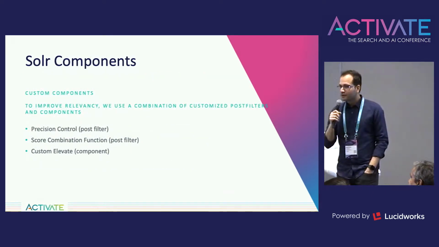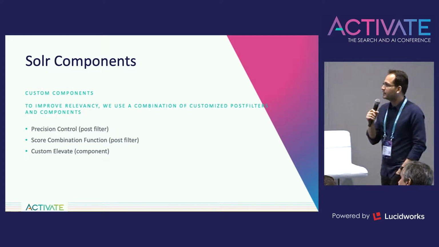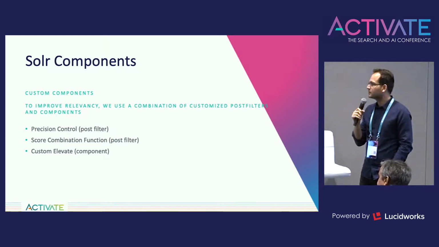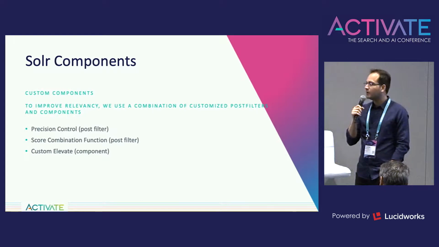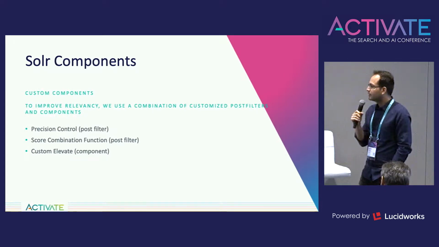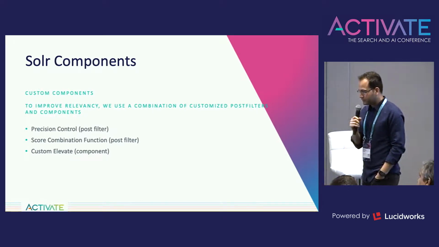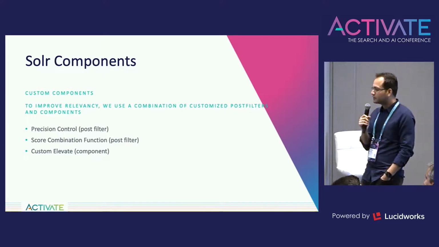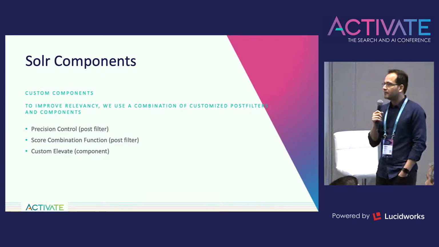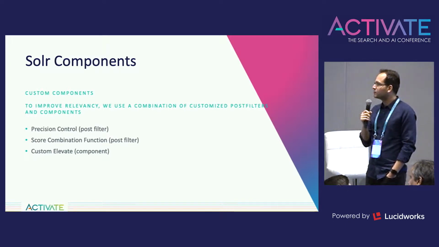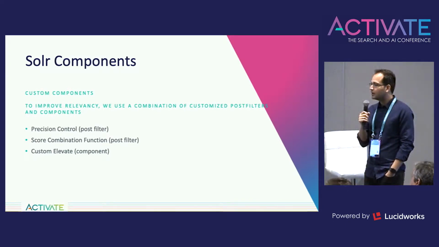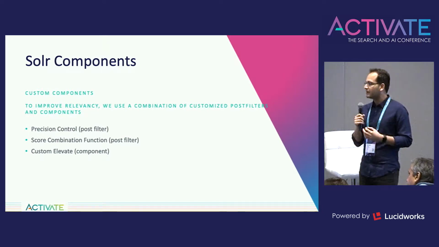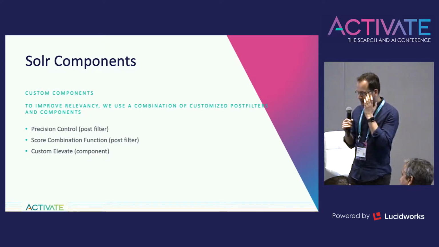Hey, everyone. I'm going to do a deep dive into a bunch of custom Solr components that we've developed in-house at Target. The main goal was to enhance Solr's functionality so that we can control our precision and recall in a more fine-grained manner.